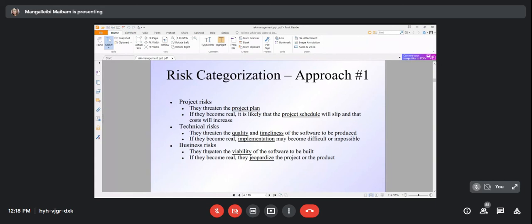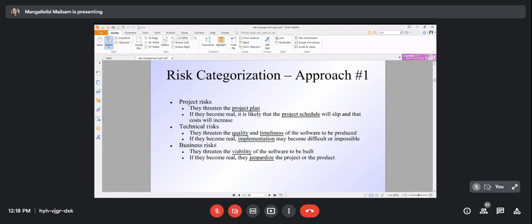And finally, business risk. In this third type, the problem lies in the viability of the software to be built.